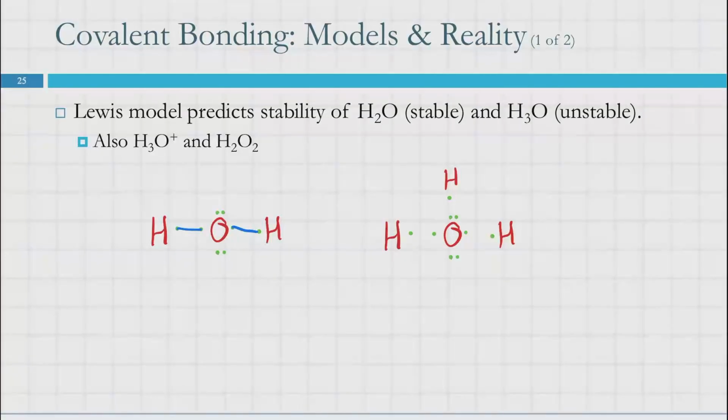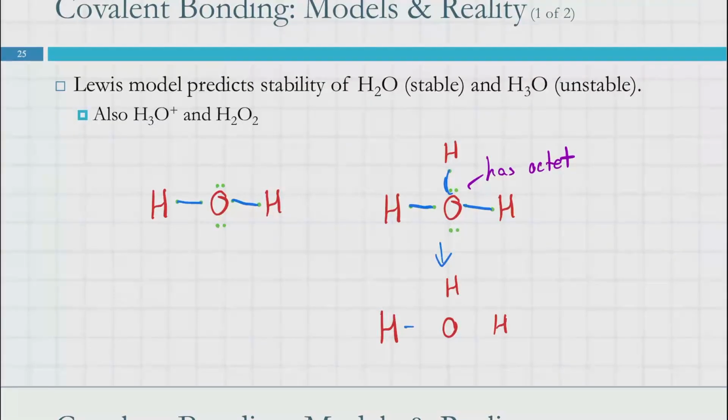If we form these bonds, but for H3O, our oxygen already has an octet. So it's content. It doesn't want any more bonds. We could force it to have another bond. And then this would turn into this monstrosity. H, H, H. It would look like this.